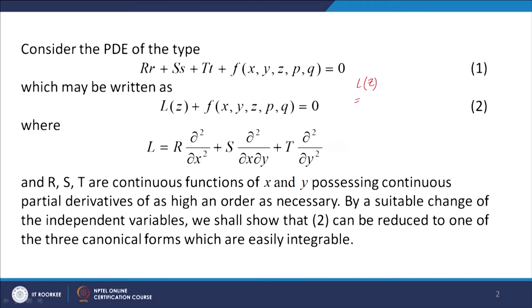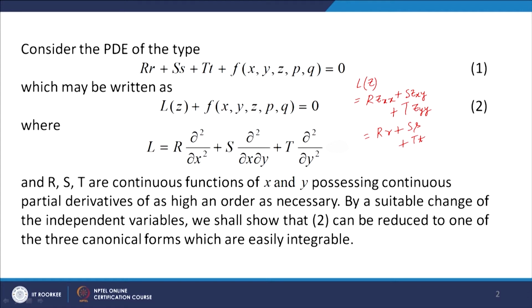If we assume L to be this differential operator, then Lz is R zxx plus S zxy plus T zyy, and by our notation zxx is small r, zxy is small s, and zyy is small t. So we get Rr plus Ss plus Tt, this is Lz, and so we can write Lz plus F(x, y, z, p, q) equal to 0.